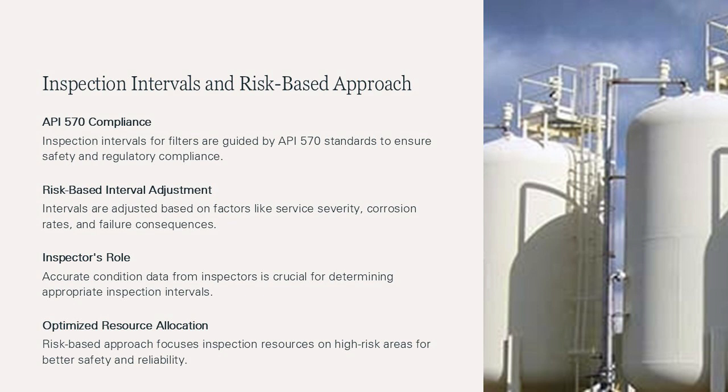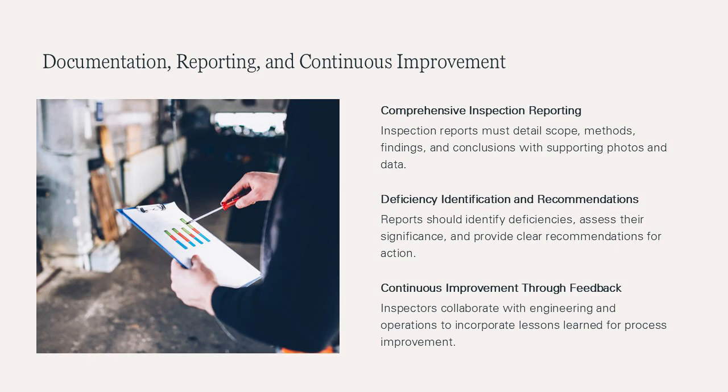A risk-based approach ensures that inspection resources are focused where they provide the greatest safety and reliability benefit, while maintaining compliance with applicable standards. Thorough documentation is a fundamental requirement of API 570 and a critical element of effective inspection programs. Inspection reports should clearly describe the scope, methods, findings, measurements, and conclusions of both on-stream and off-stream inspections.